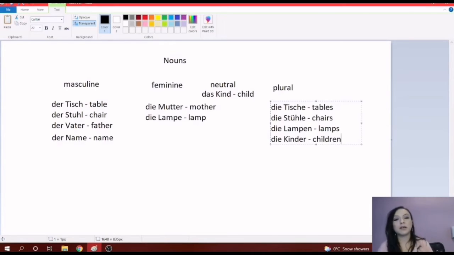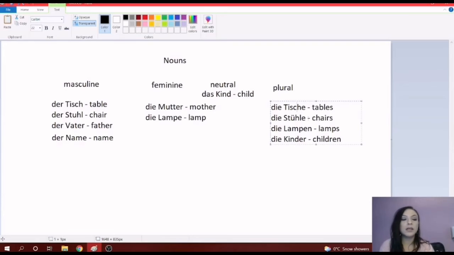Whatever gender they have in the singular form, you will always put the article die in front of the plural nouns, which is kind of good, right? However, the difficult thing is that you also have to memorize the plural. There are also certain rules.